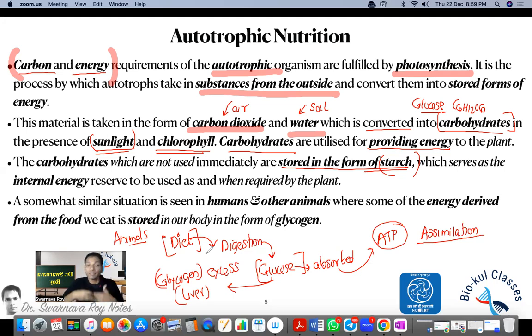Whenever animals need extra energy, they break down this glycogen and convert it into glucose. So that's what they say here in this part of the notes, that in animals it is stored in the form of glycogen in humans and in other animals.